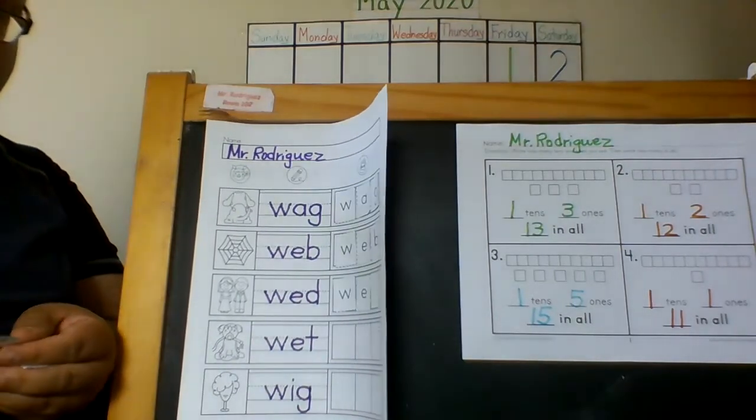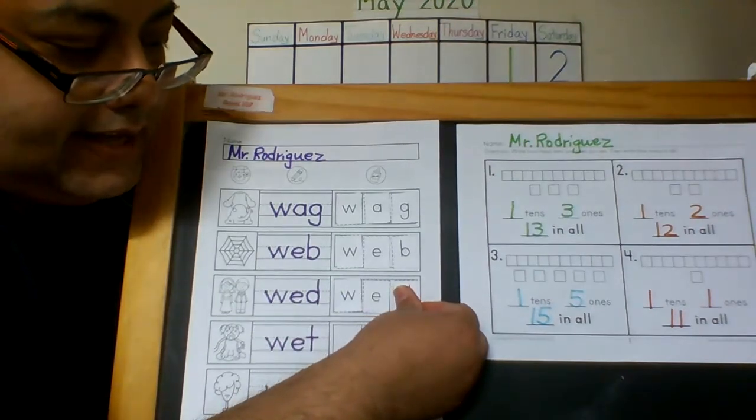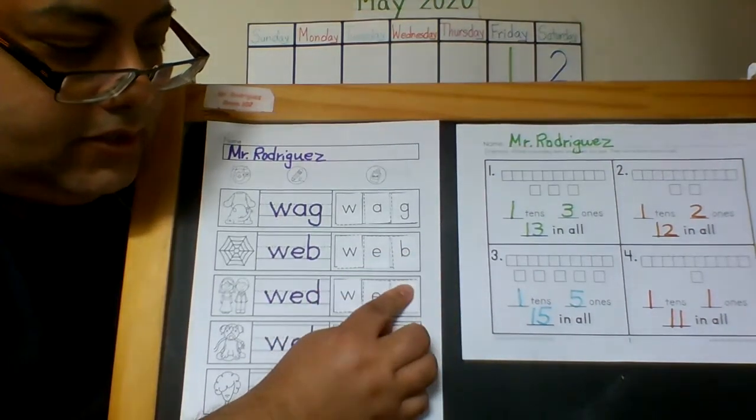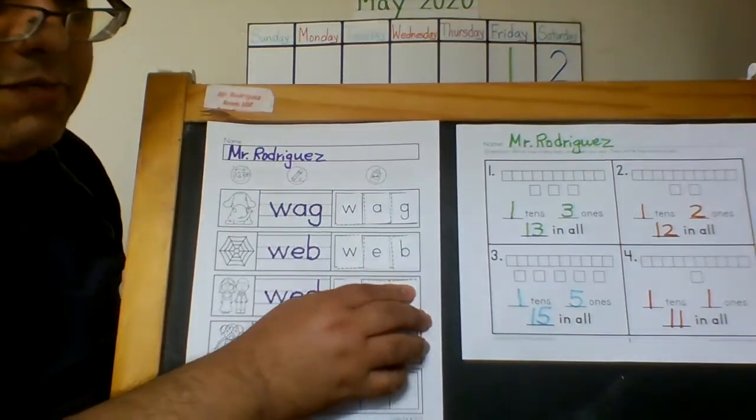Okay. Never get confused. B has a belly. D has the butt in the back.